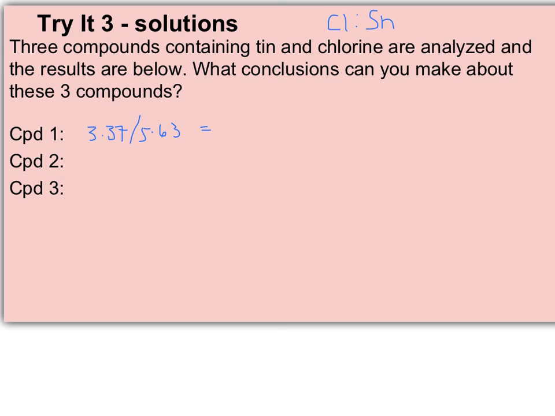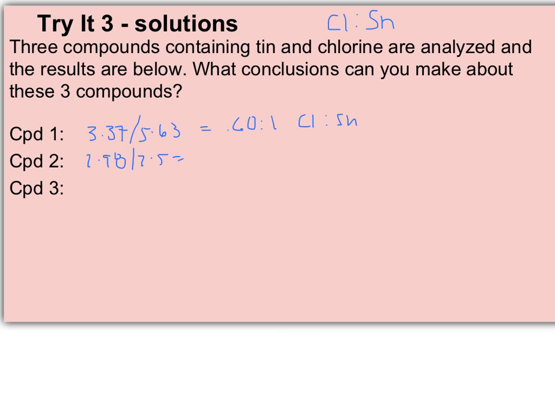So this is a ratio of 0.60 to 1, and sometimes your ratio is less than 1. That's okay. It just means there's fewer grams of chlorine than grams of tin. Compound 2, I have 2.98 grams of chlorine to my 2.5 grams of tin.